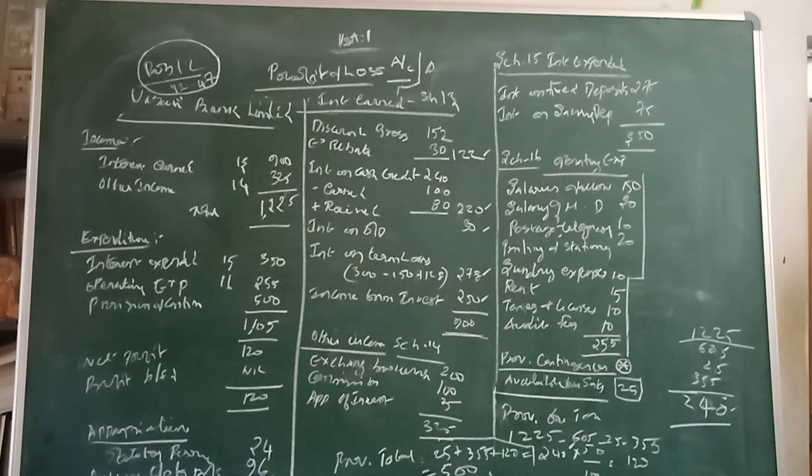But how should the 50% provision for tax be calculated? Simple. Total amount of income, that is 1225, minus expenses. What expenditure are you having? Number one, interest expended 350, then operating expenses, and then the provision we have to calculate.